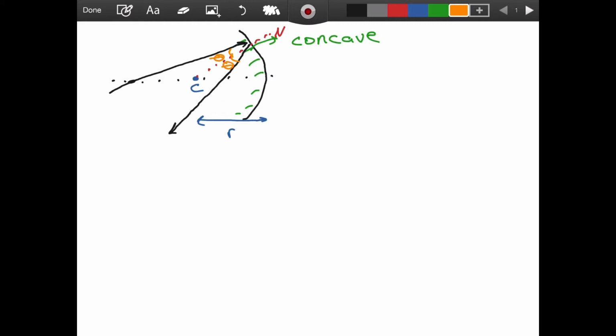So, how does this help us? And also, what are we trying to find actually in the mirror equation? It is an equation that relates distances.